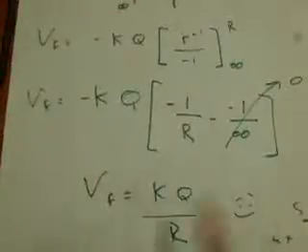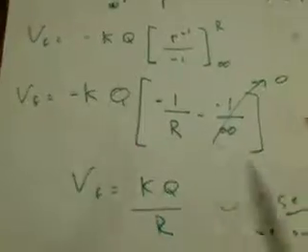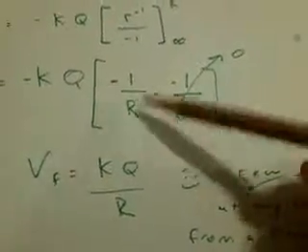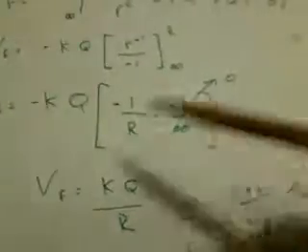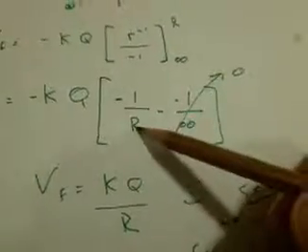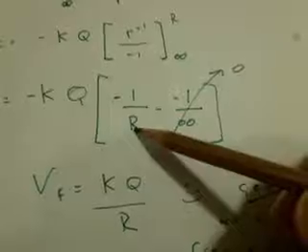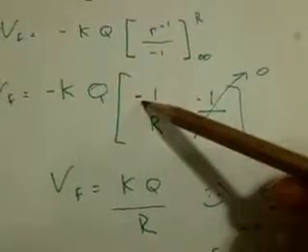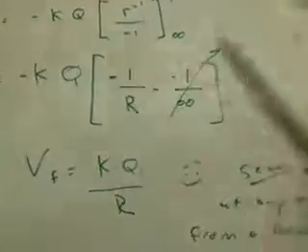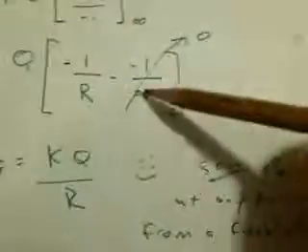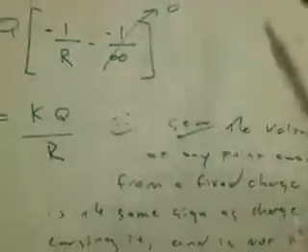So that final voltage is negative KQ, and I wrote it as 1 over R so it'd be easier to see. That R is in the denominator, but when I divide by negative 1, that brings that negative 1 there. So it's negative 1 over R minus negative 1 over infinity. Now 1 over infinity is pretty darn small. I'm going to call it nothing.